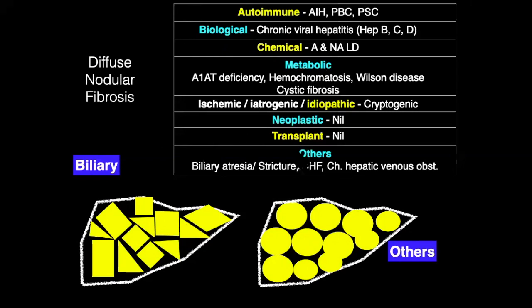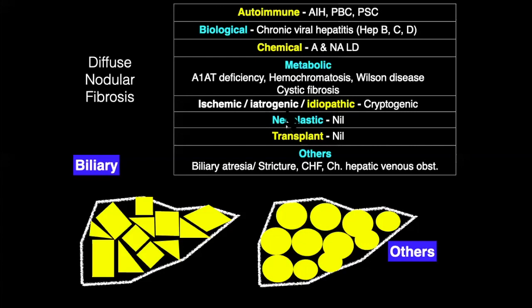These are the causes of cirrhosis. In autoimmune disease, it is autoimmune hepatitis, primary biliary cholangitis, primary sclerosing cholangitis. In biological, chronic viral hepatitis B, C, D. Chemical: alcoholic and non-alcoholic liver disease, and medications can also cause it, so always remember drug-induced liver injury. Then metabolic diseases: alpha-1 antitrypsin deficiency, hemochromatosis, Wilson's disease, cystic fibrosis, which is very common in Western countries.